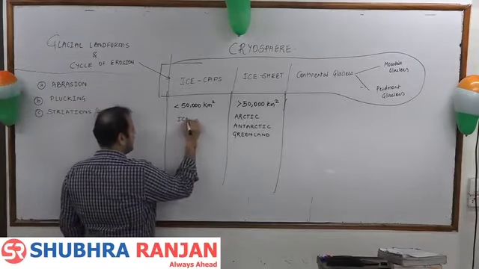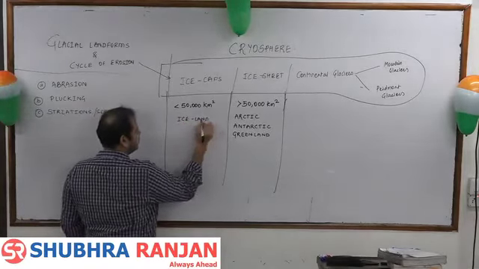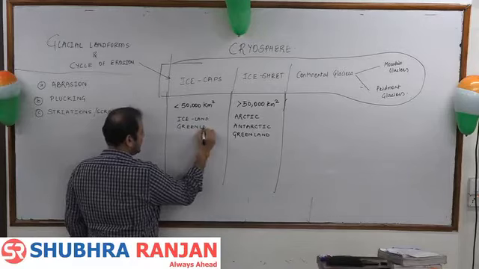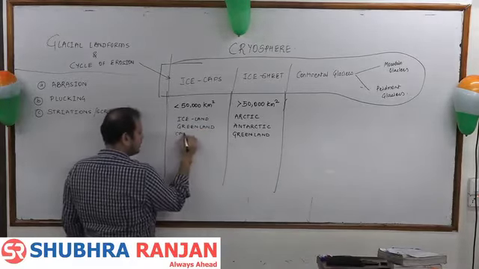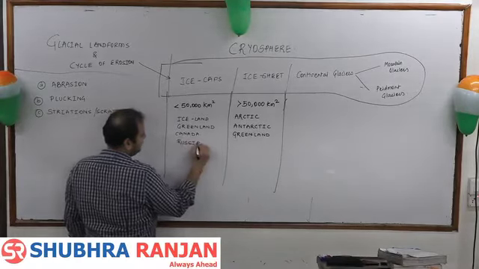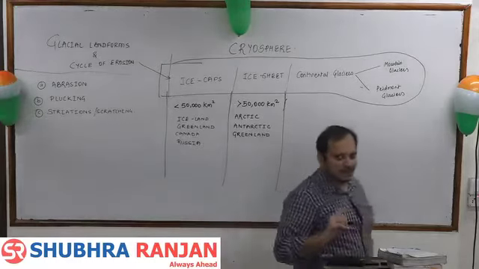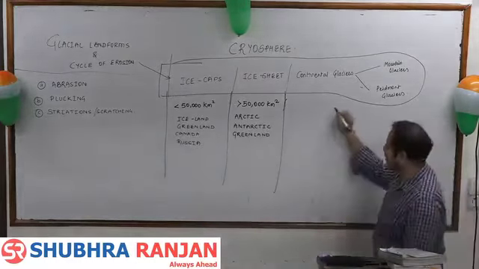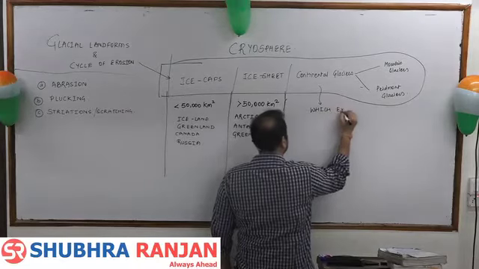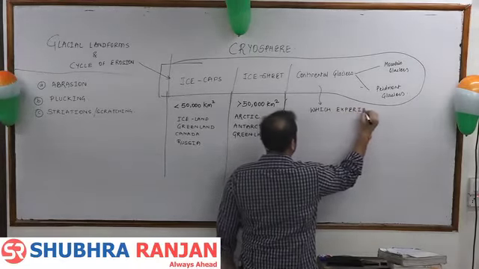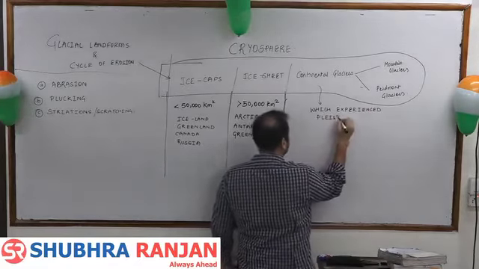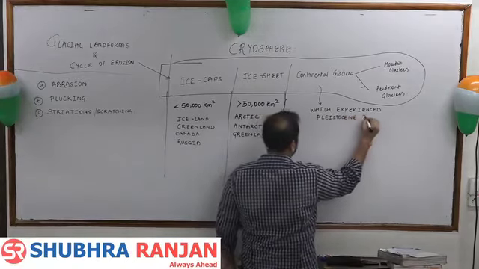Ice caps are found at many places in the world, for example Iceland or Greenland or Canada or Russia. And the continental glaciers are even smaller in size, found in the regions of the Pleistocene Ice Age.